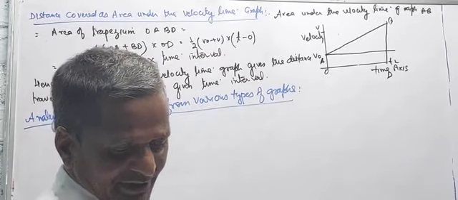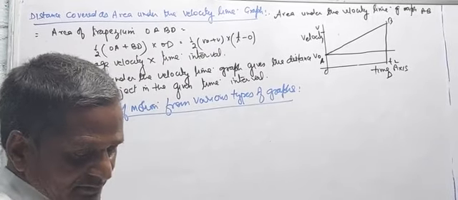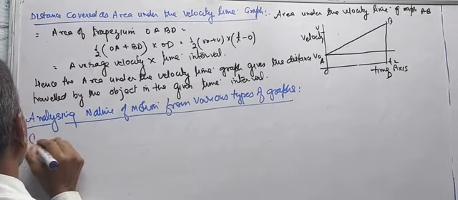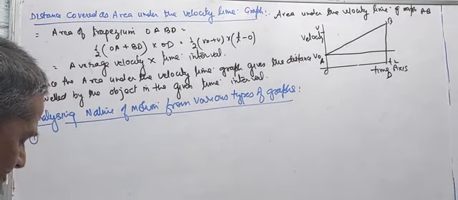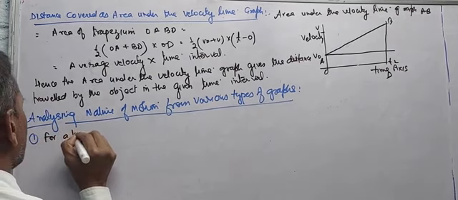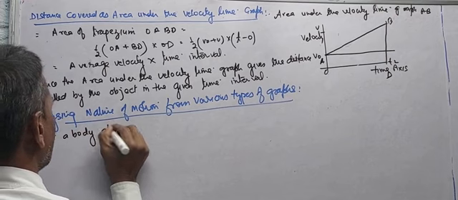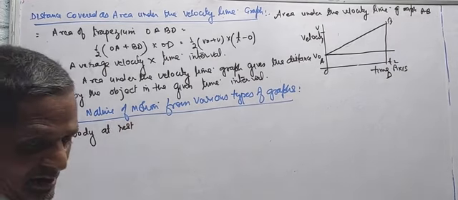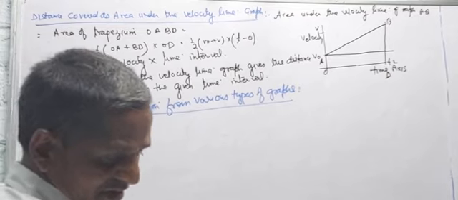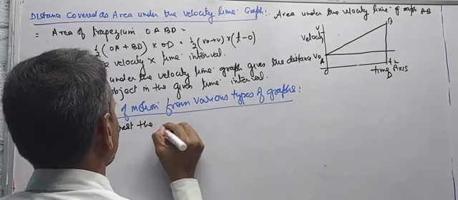For a body at rest, the distance time graph is a straight line AB.